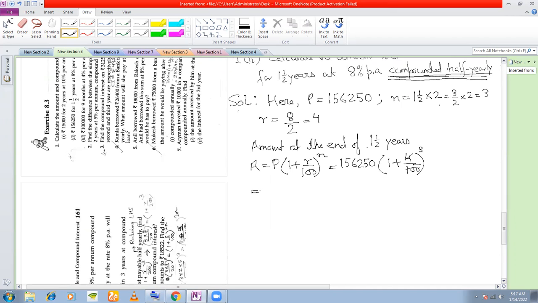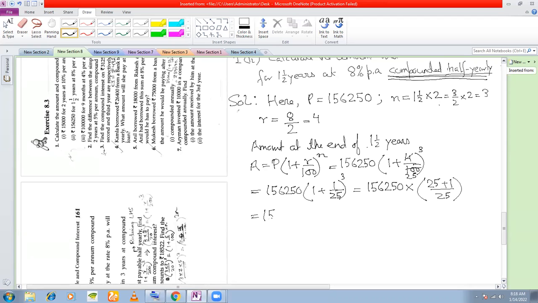So what you do, you can cancel this here. So you get 156250 (1 + 1/25) cube. Okay, so this you get 156250, and you take the LCM within the power, you get (25 + 1)/25.